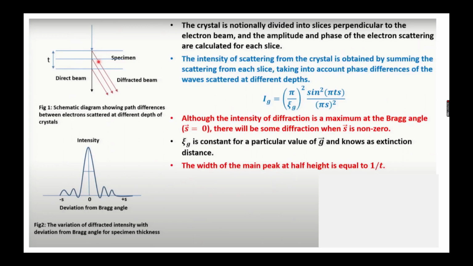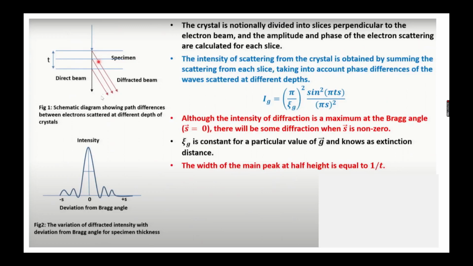In the slide you can see the specimen of thickness T, the beam is coming, and this is your diffracted beam and this is your direct beam. Here it gives a relation for the intensity of scattering from the crystal.